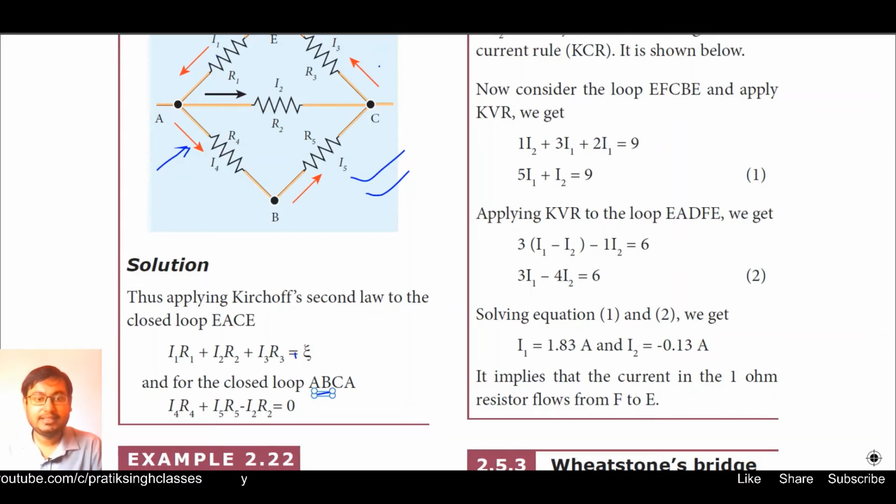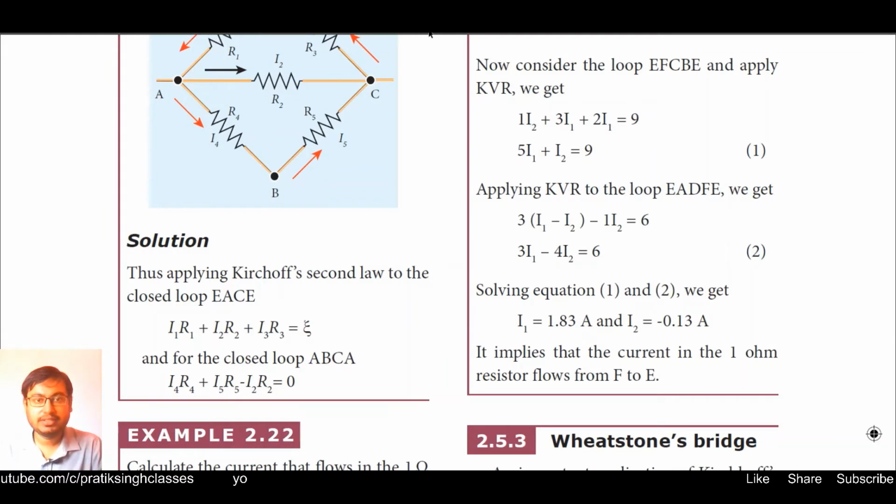Again here C to A, the direction of loop is from C to A, but the direction of current is from A to C. That is why for this loop ABCA, the value of I2R2 will be negative. That is what is given here: I4R4 plus I5R5 minus I2R2 is equal to 0.